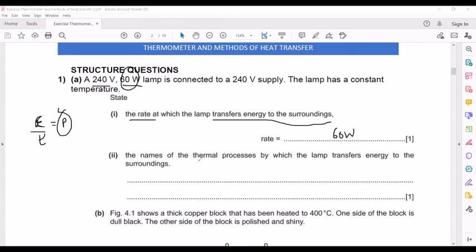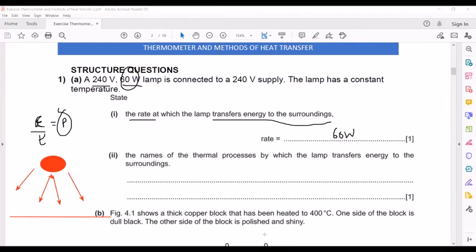Name the thermal process by which the lamp transfers energy to the surroundings. So how is the lamp transferring energy? If you place a lamp, for example, if this is a lamp and this is a floor, how does the energy transfer from the lamp to you?